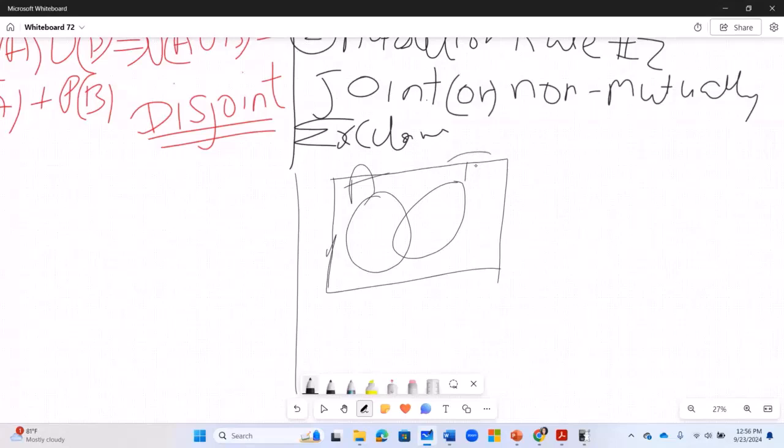So this is A and B. Suppose we are talking about A. If event A is students in this class taking biology, I read their discussion. So most students are taking statistics and biology.